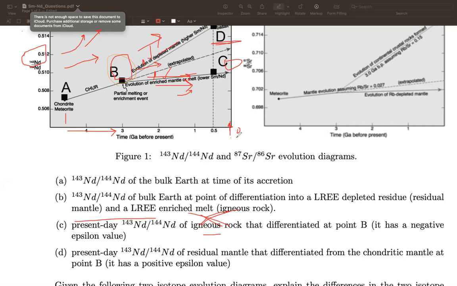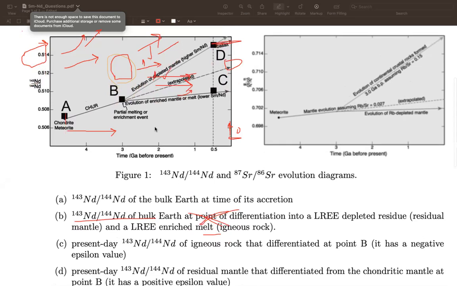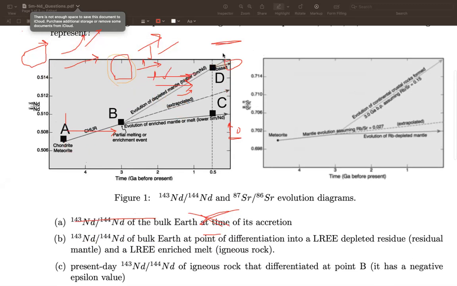Present day, that's here because we are referring to this axis, this point 0. The value given is the present day neodymium isotopic composition of the mantle, right? Because you can see here the mantle evolves there.